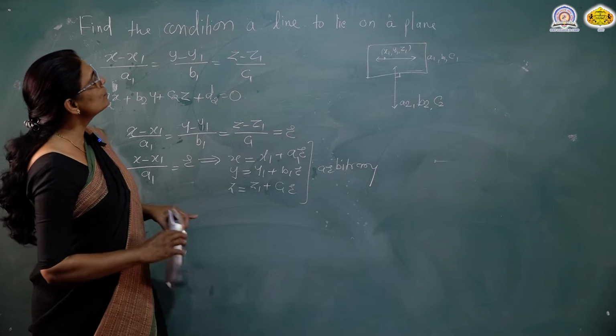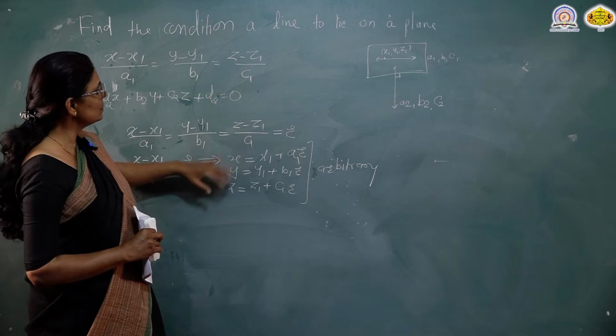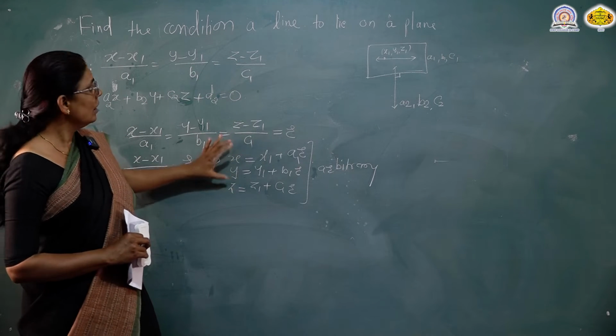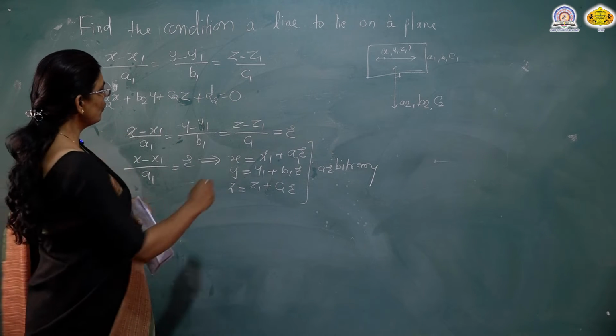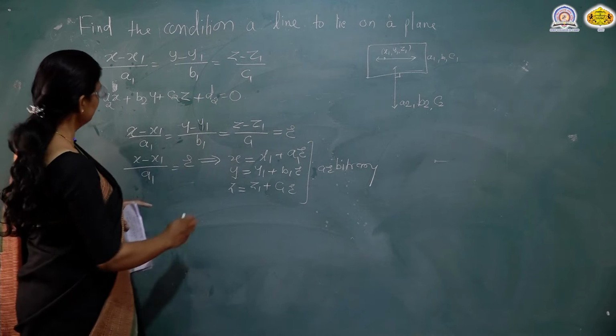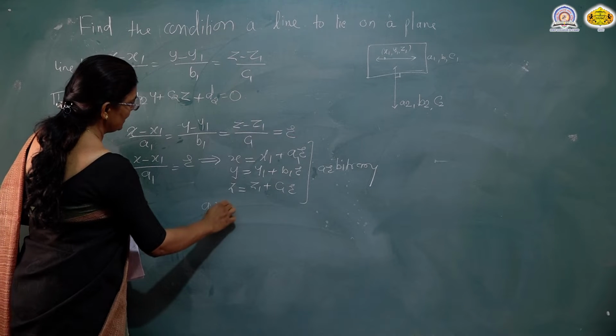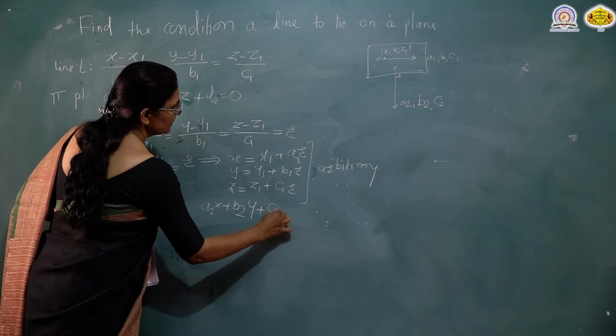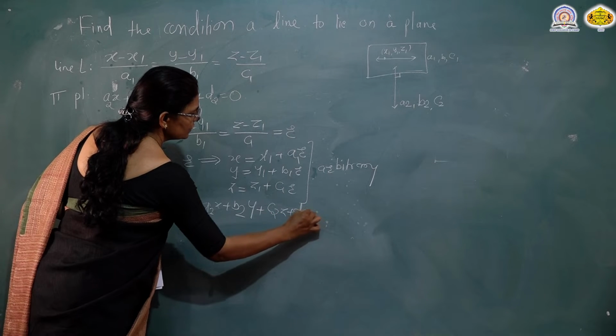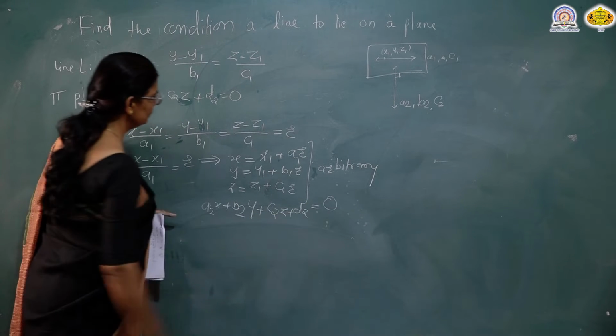So now we assume that the line lies on the plane. So this arbitrary point also satisfies the equation of the plane. So now we put this in the equation of the plane: a2x plus b2y plus c2z plus d2 equals 0.